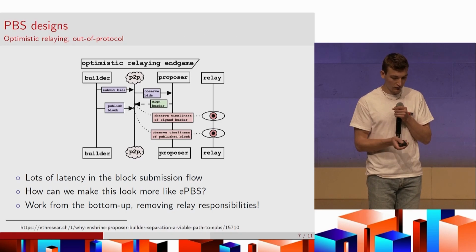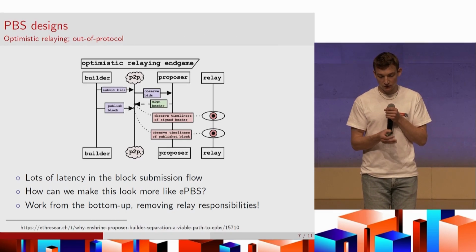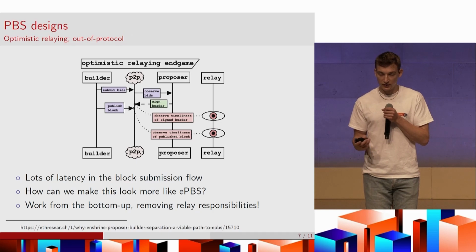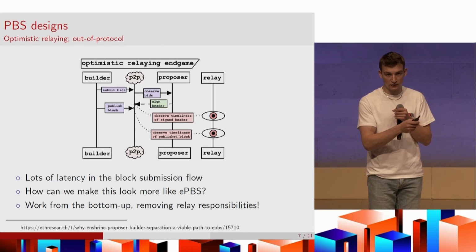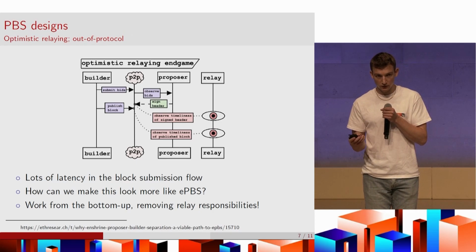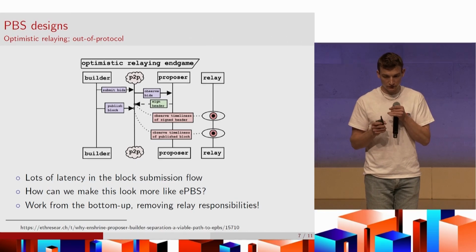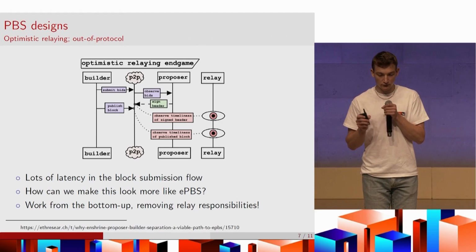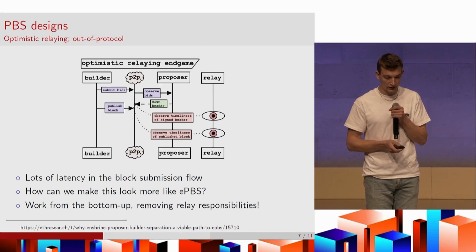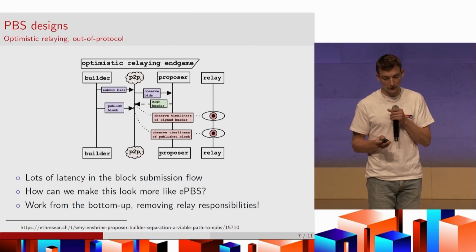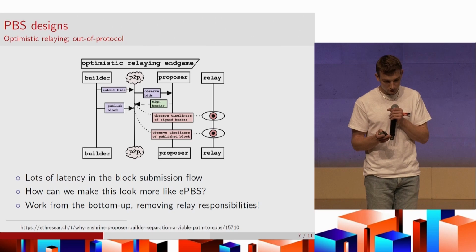And really, if you break it down, this is kind of what the Payload Timeliness Committee does, but it's just being done by the relay itself, and the relay holds the collateral rather than the protocol. So this is kind of the molding of the relay responsibilities and the relay efficiency into something that should potentially be more compatible with enshrined PBS.